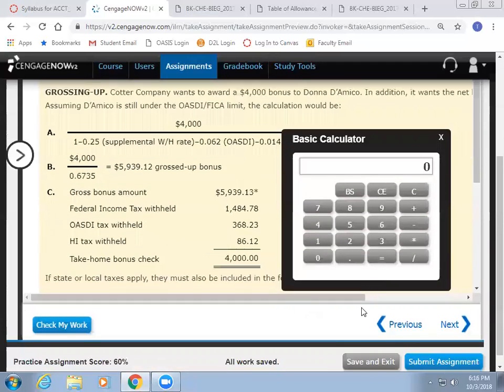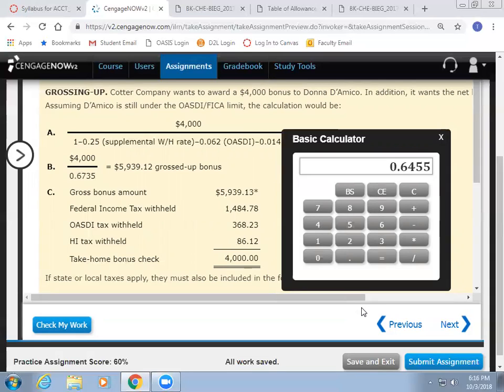So if I take 1 minus 0.25 minus 0.062 minus 0.0145 minus 0.028, I get 0.6455.